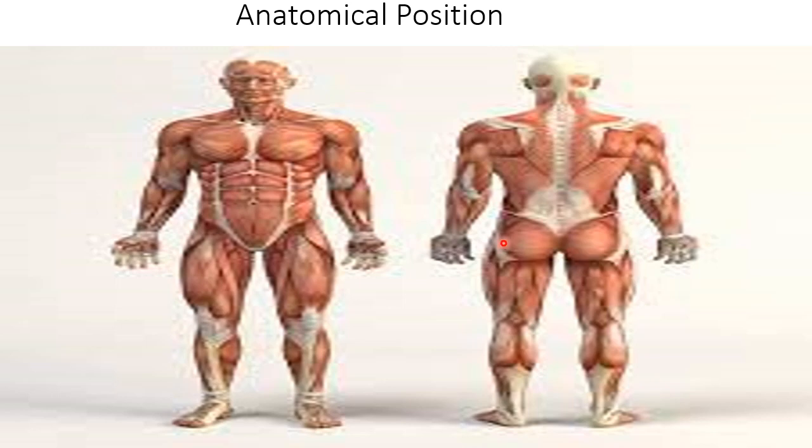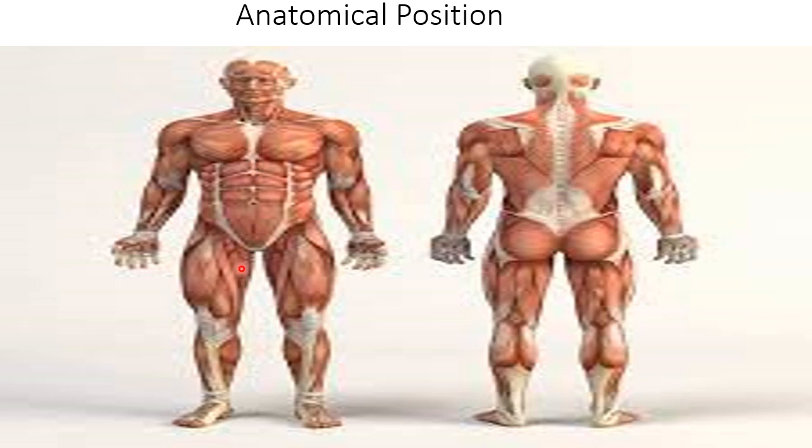That anatomical position is shown in these two diagrams. A person must be standing upright, with the head facing forward. The upper limbs are hanging down like that, and the palms are facing forward as well. So this is known as the anatomical position.